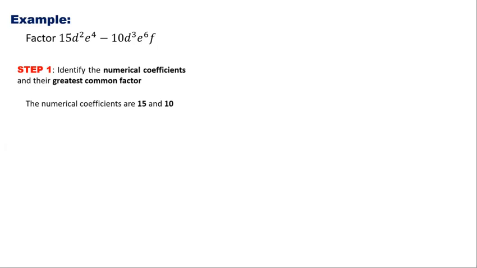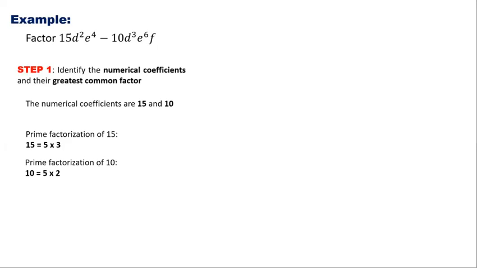Now, let us find the greatest common factor of 15 and 10 by using the prime factorization method. So we have prime factorization of 15. 15 is equal to 5 times 3.